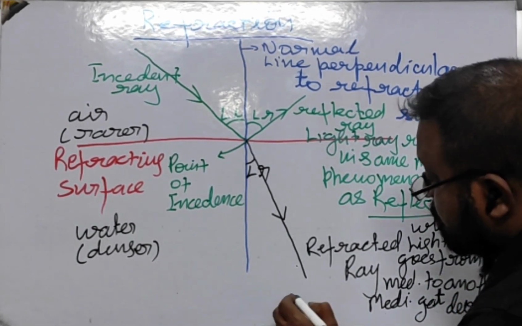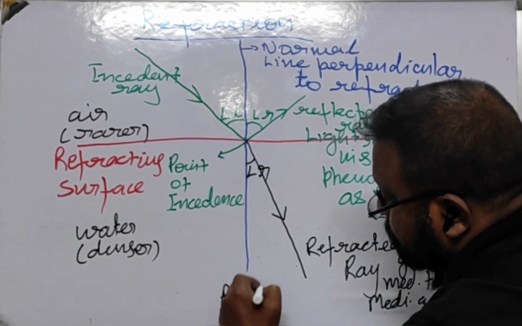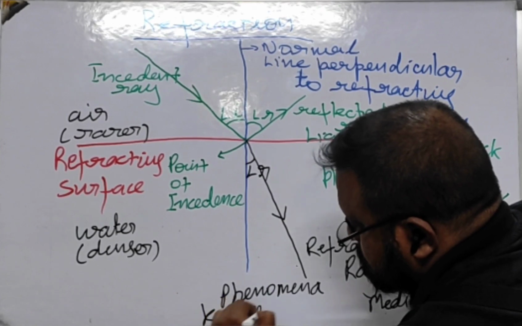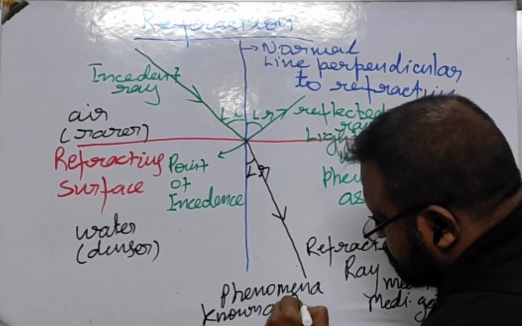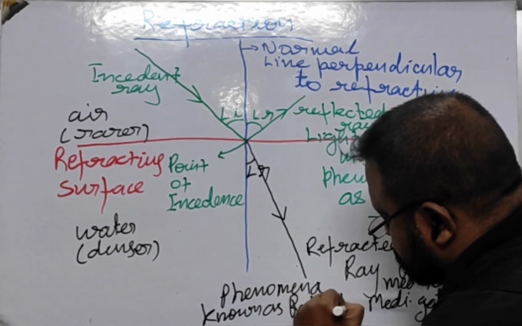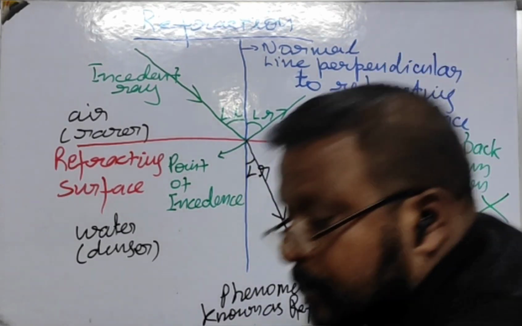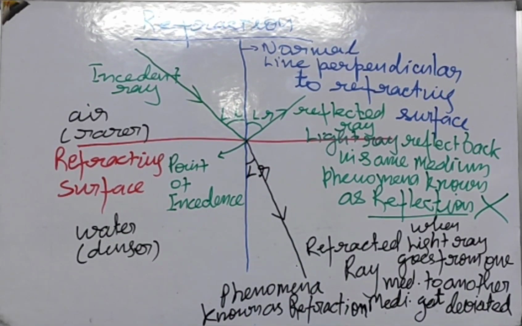Deviated means a change in path. The phenomenon is known as refraction.